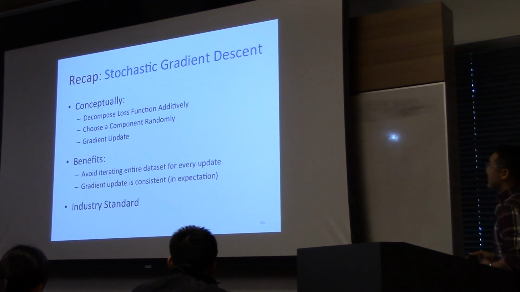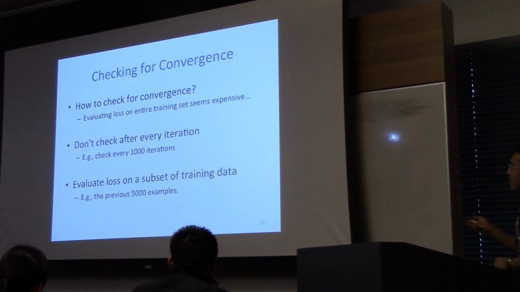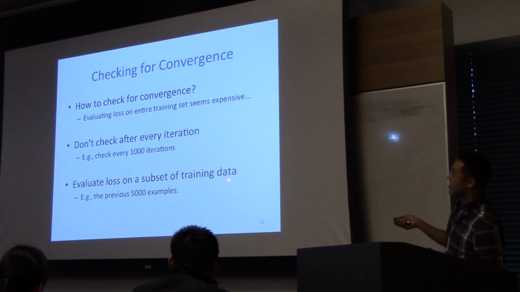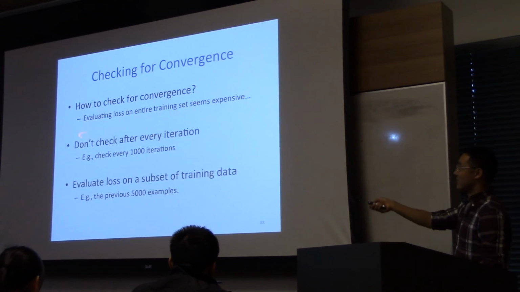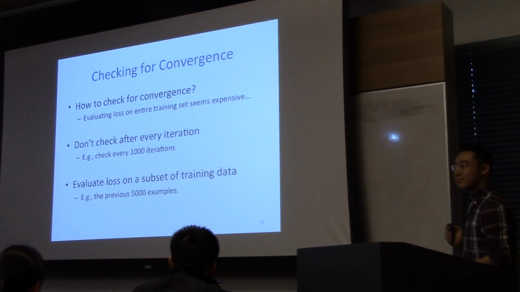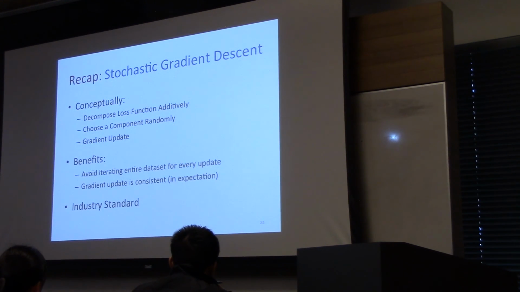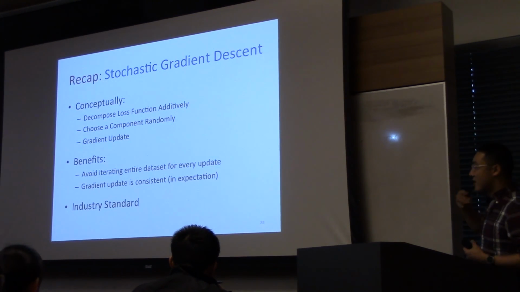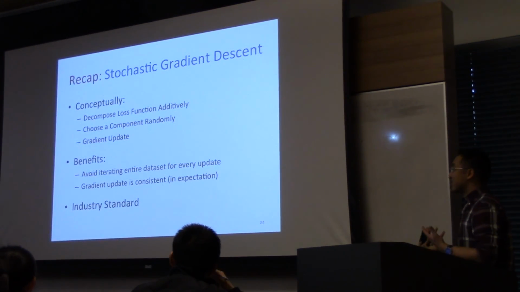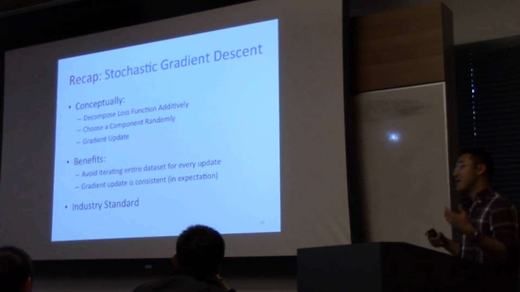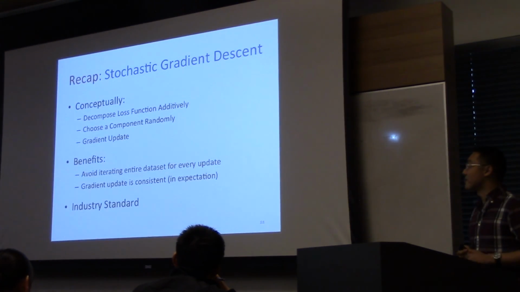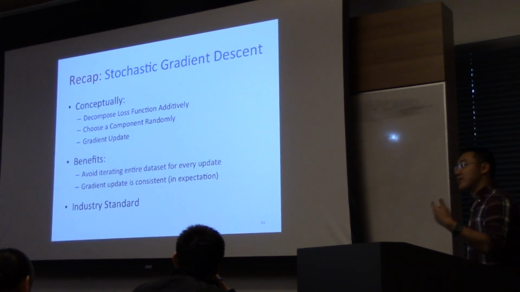So just a recap of stochastic gradient descent. Although, I should mention for the homework, I don't believe you need to do this because the data set is small enough that you could just do something like this. Okay, so, a recap of stochastic gradient descent. Conceptually, it makes the assumption that the loss function decomposes additively into a bunch of subfunctions, or subcomponents. You just choose one of those subcomponents at random every time you want to do a gradient update, and you do a gradient update on the gradient of that subcomponent.